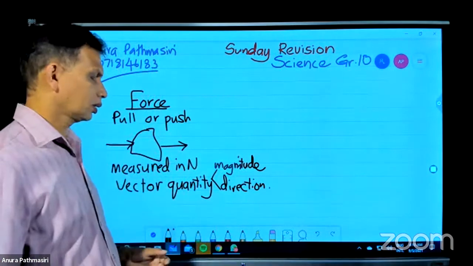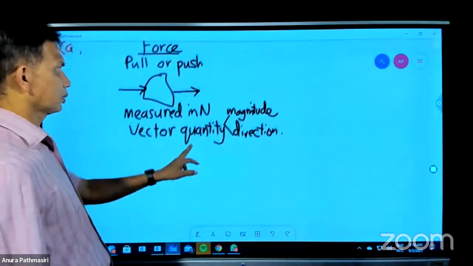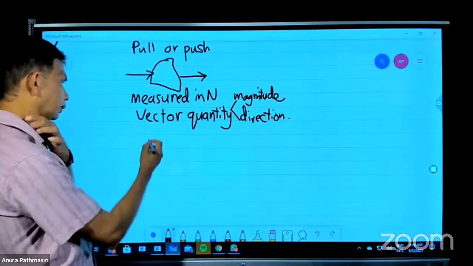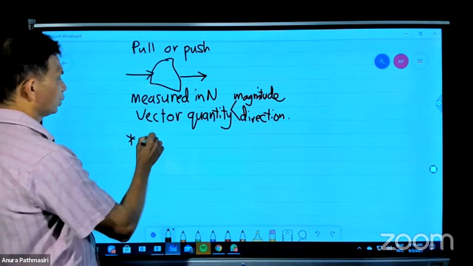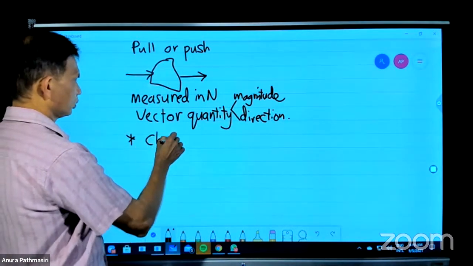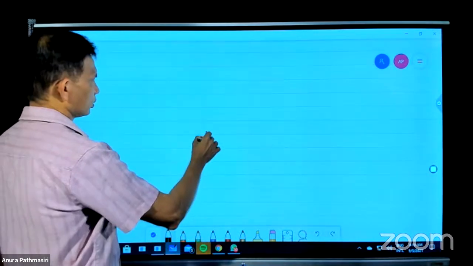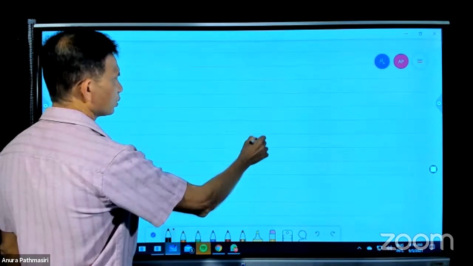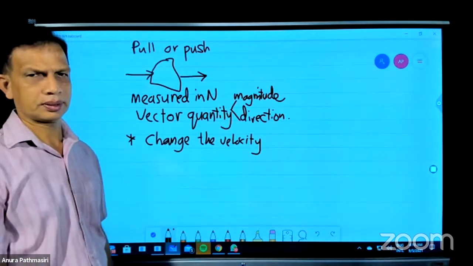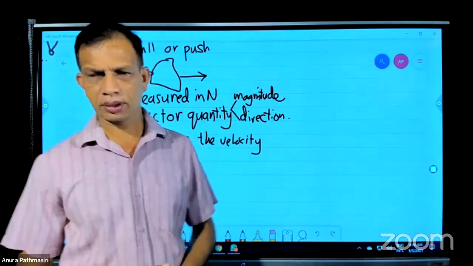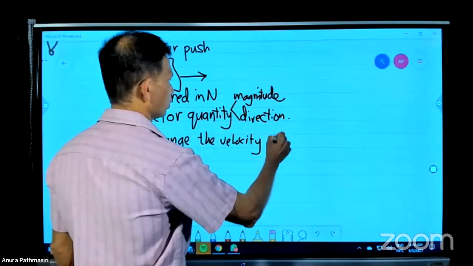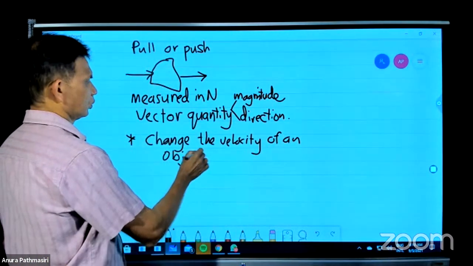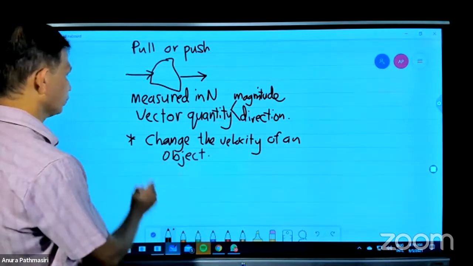It can do many things. It can change the velocity of an object.